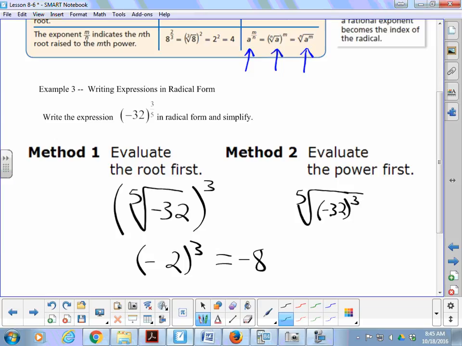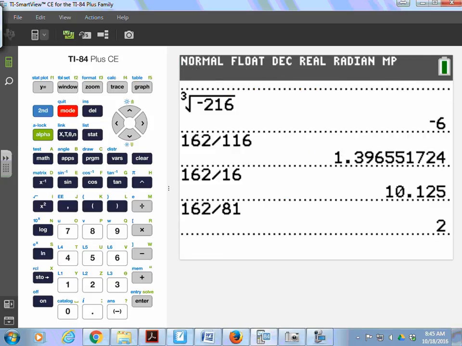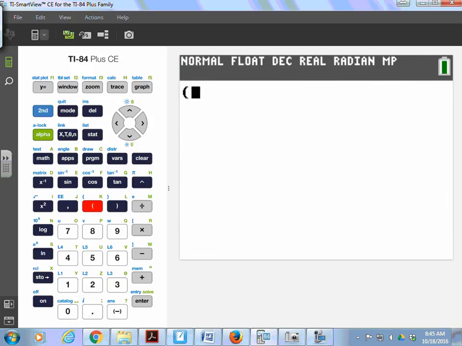So this is one of those situations where whether you can write it in radical form or not is one thing. But the second thing is that you can stick that in your calculator and find an actual answer. So I could go to my home screen, put in negative 32 raised to the power of 3/5, and it will give me negative 8.